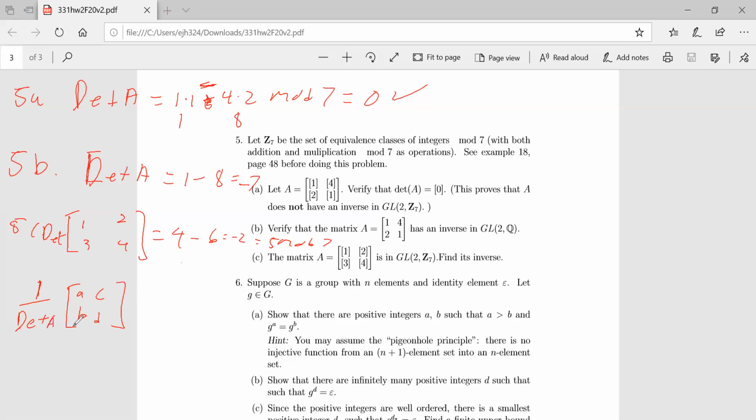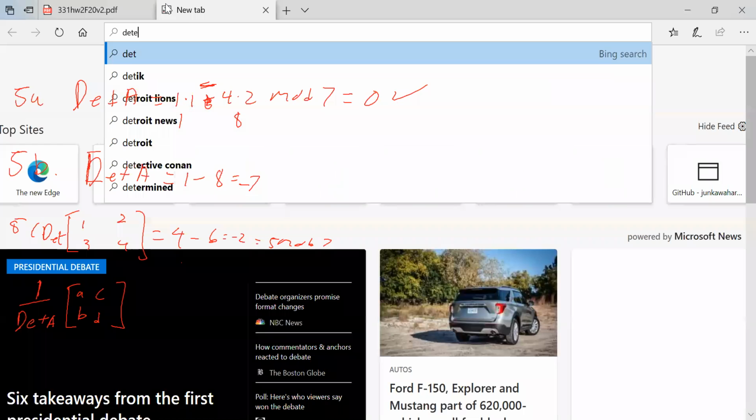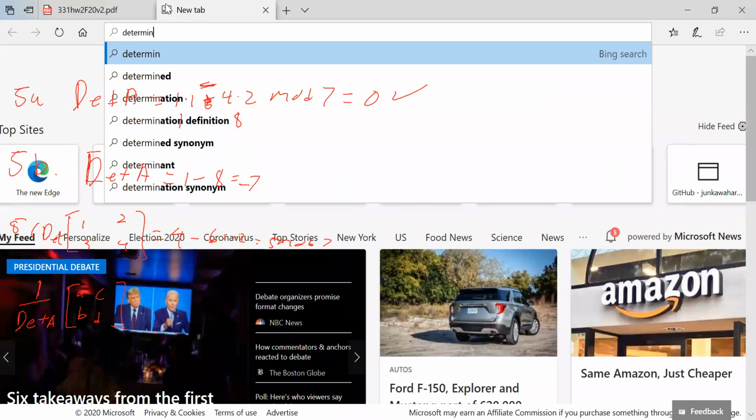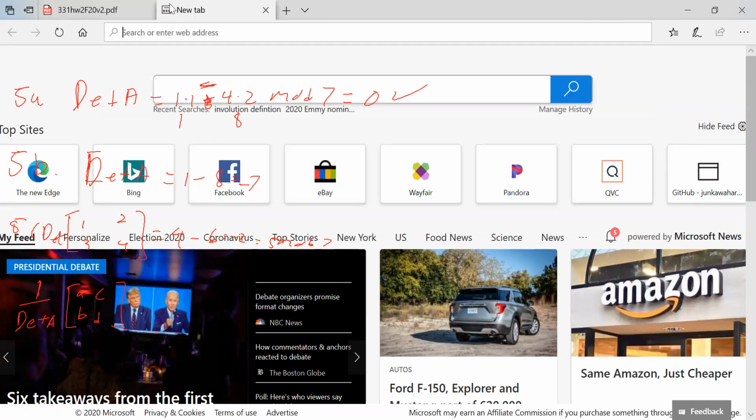Switch A and D and make C and B negative. There's a minus somewhere. Minus C and B. Okay, thank you.